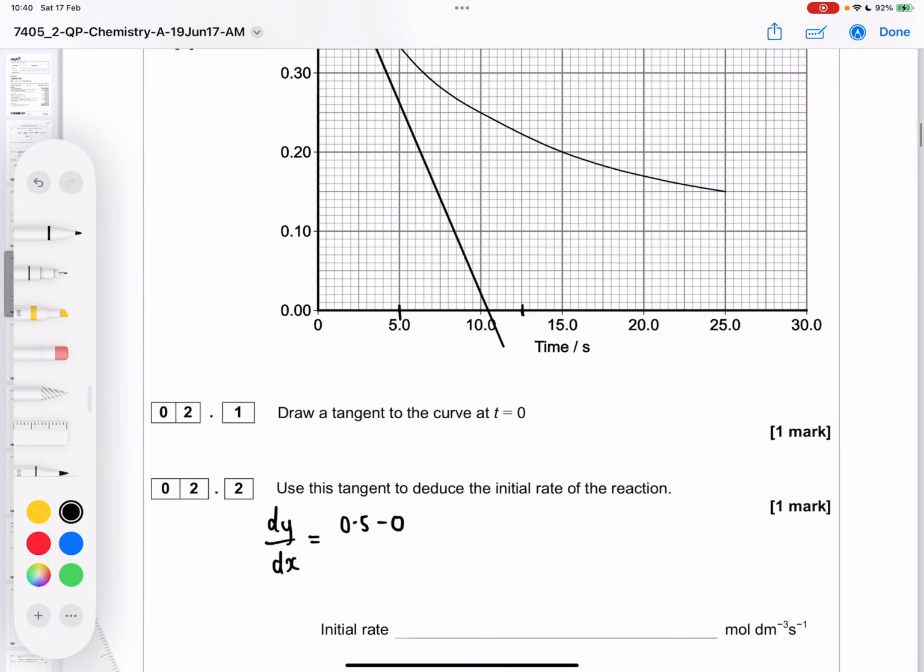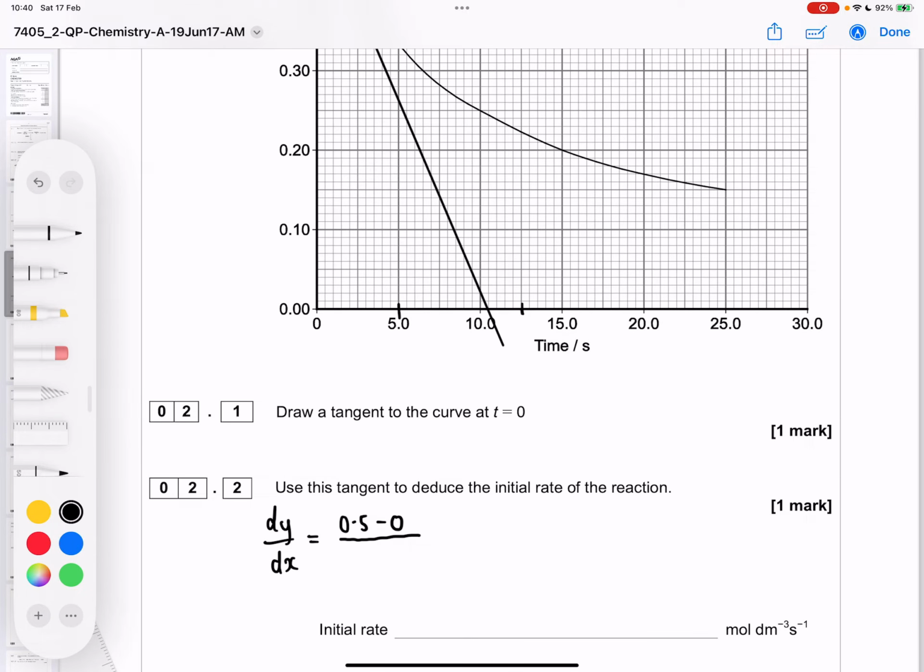And then on the bottom, it goes from 0 when it was 0.5 to 10.5. Just the first square after the 10, they're going up in 0.5s. So I'm going to do 0.5 divided by minus 10.5.